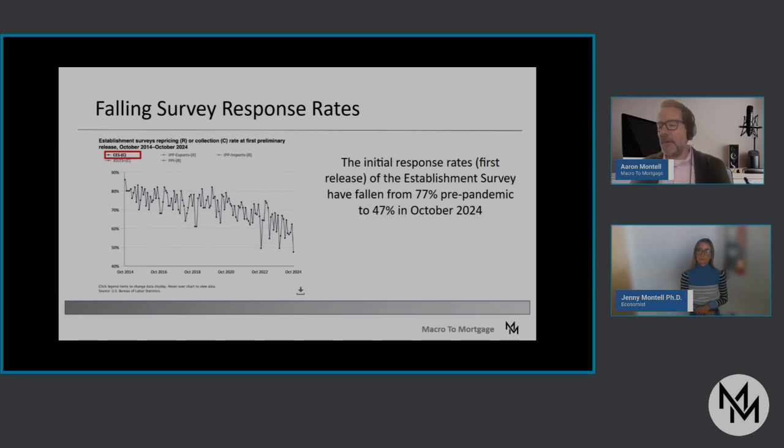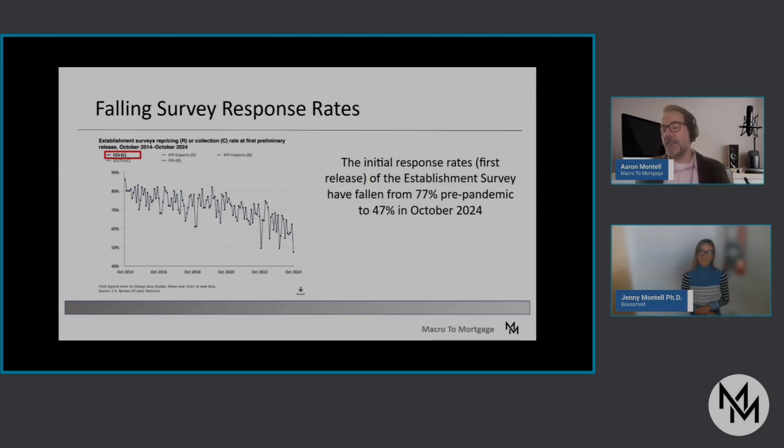And to your point, survey response rates, this chart comes directly from the BLS and shows the decline in establishment survey response rates as of the first release, so prior to any revisions, from nearly 80% just before the pandemic to 47% back in October 2024, which is the most recent data.